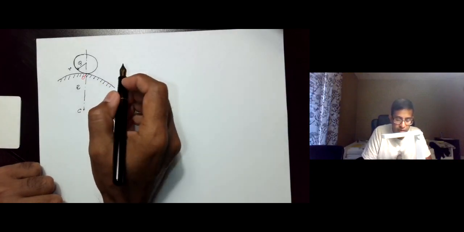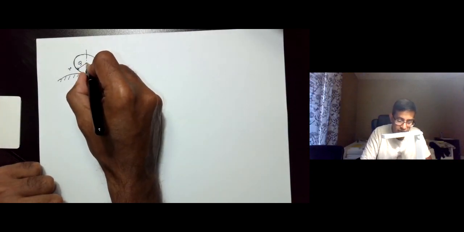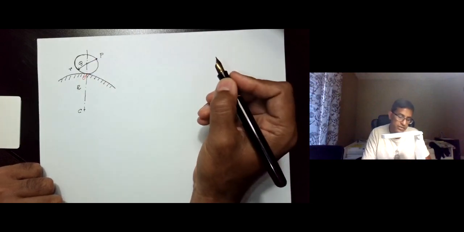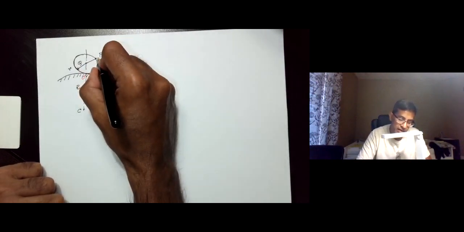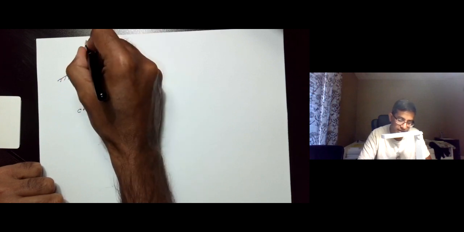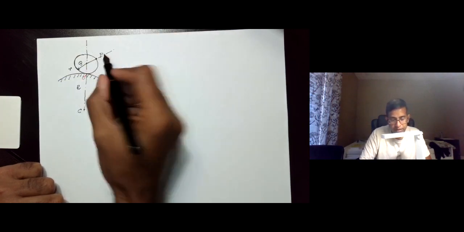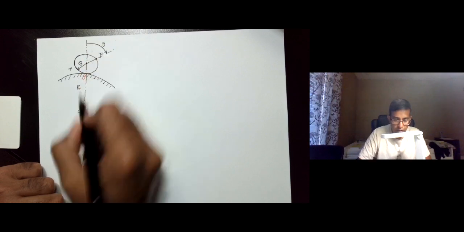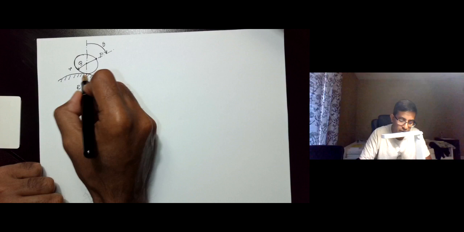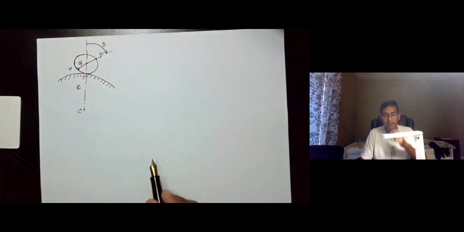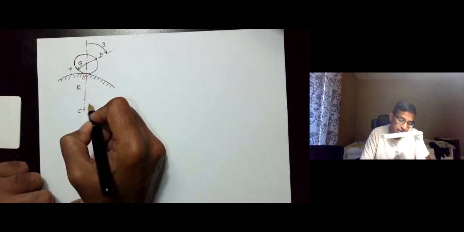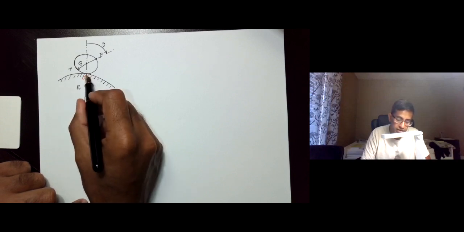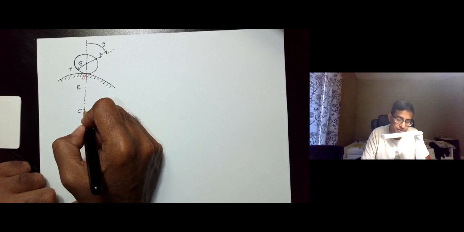It is also mentioned that there is an arbitrary point P on the circumference of this disk, and at this arbitrary instant, this point P is making an angle theta with respect to the line C O prime Q. So C O prime Q is the line that goes through the center of curvature of this convex surface at a given instant.